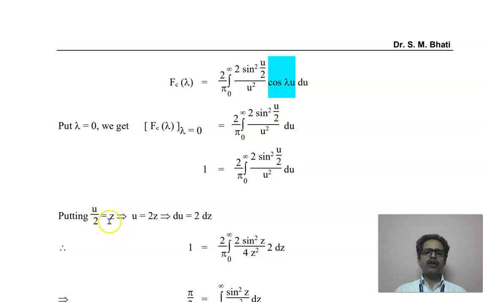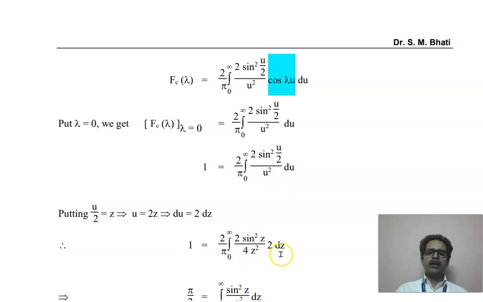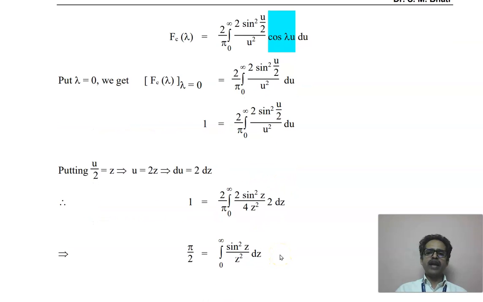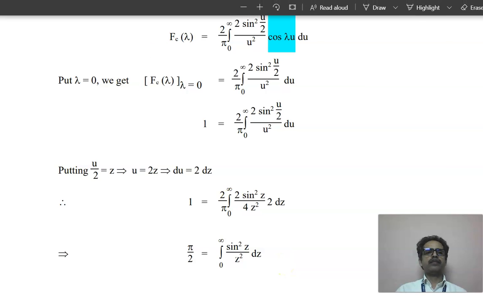When you put u upon 2 as z, that means we are converting variable u to z. u became 2z, du became 2 dz, and this integral can be converted to z. And further you can see that after simplifying, the value of the integral 0 to infinity sin square z upon z square dz became pi upon 2, which is required actually.